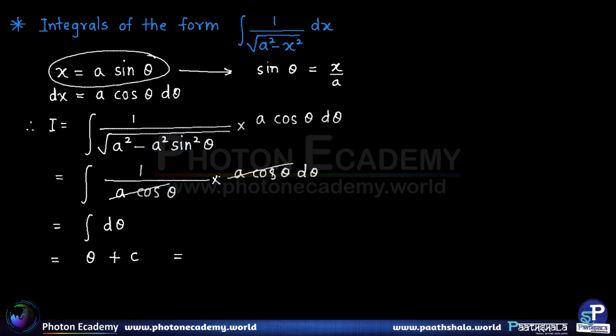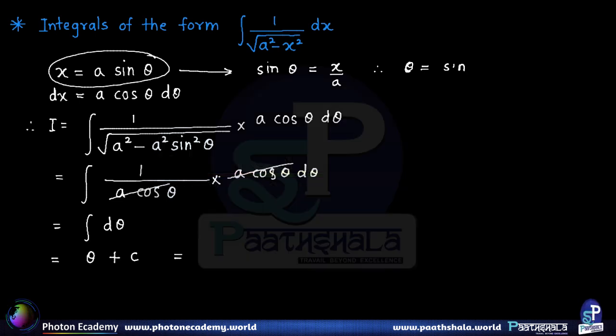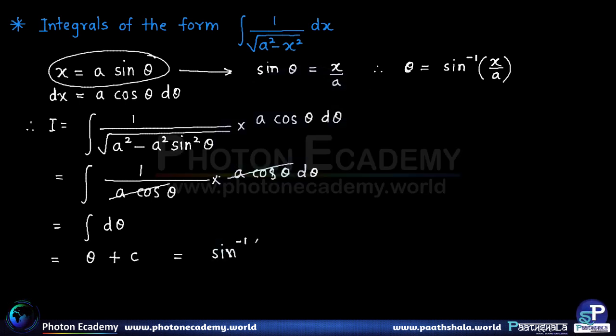So therefore we have theta as equal to sine inverse of x by a, correct? So this is the value of theta that we substitute in the final answer. So therefore that is equal to sine inverse of x by a.